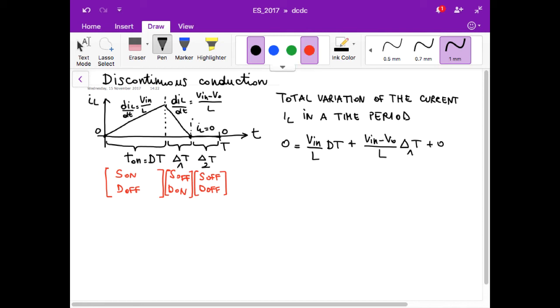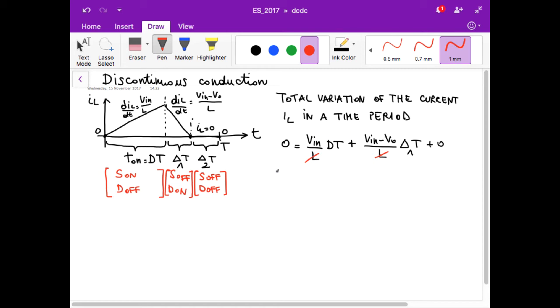So from this we can quickly write the dependence of VO over V in.